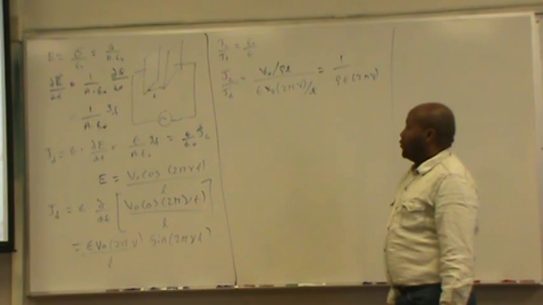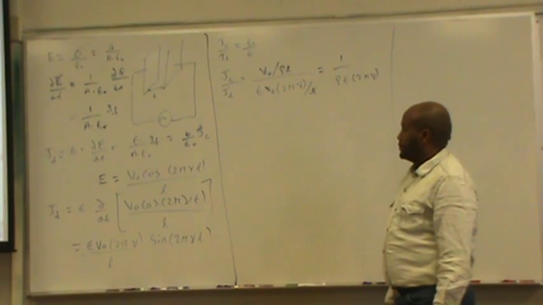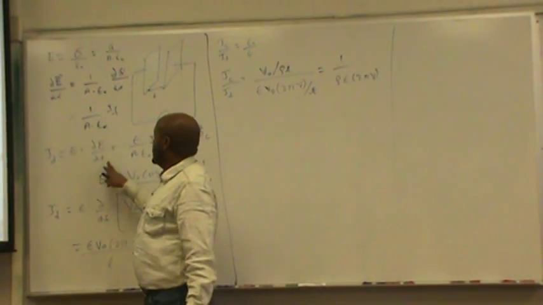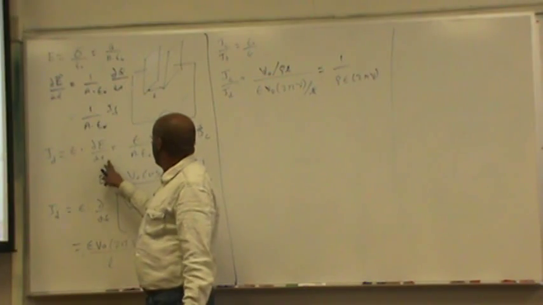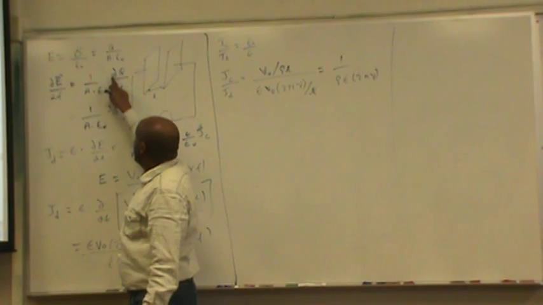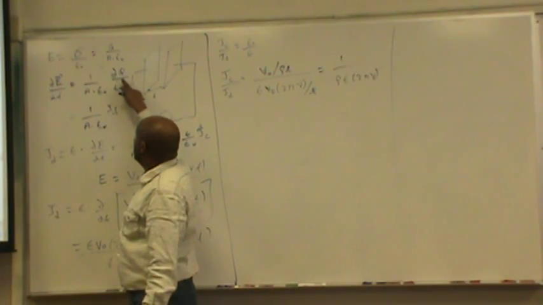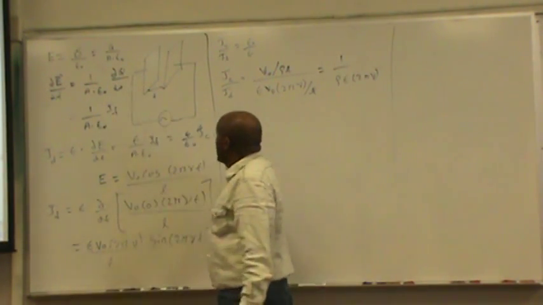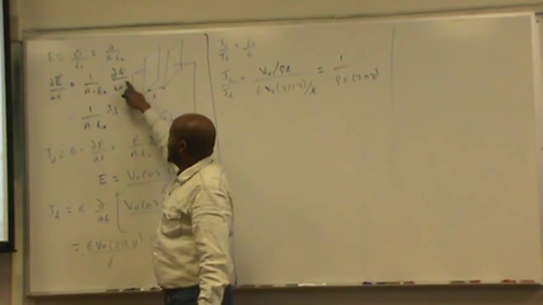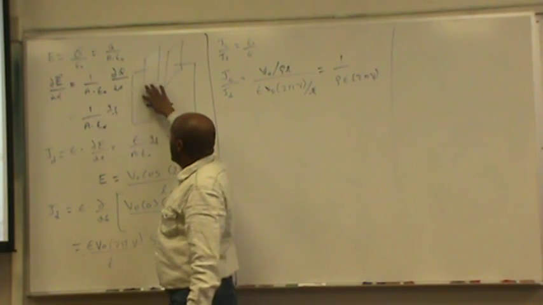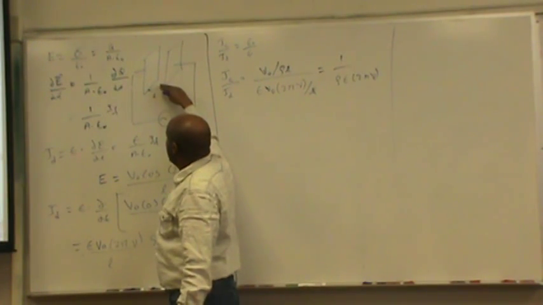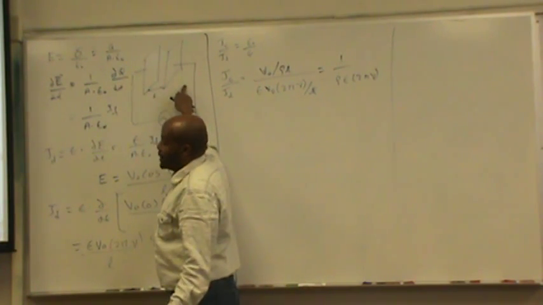If the current is a direct current, this is fine. We can use this one to find the electric field. The time dependence of the charge is only because of the presence of the capacitor.